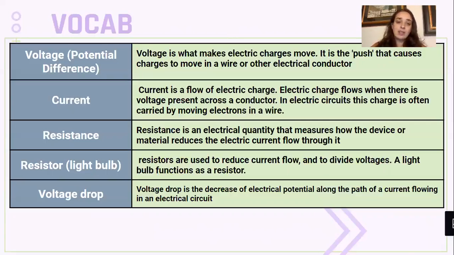And that's because the voltage is actually dropping each time it goes through a light bulb. So the potential energy in the circuit drops every time it goes through a bulb, kind of like gravitational potential energy drops every time you go downstairs. The same way a light bulb represents like a step down, you could say. Right, so you can keep that in mind when you're writing your conclusion.